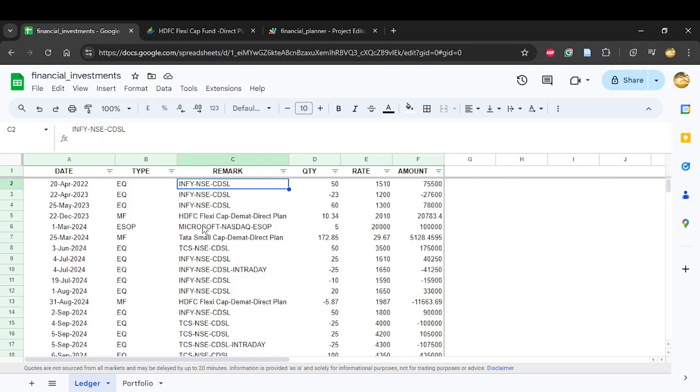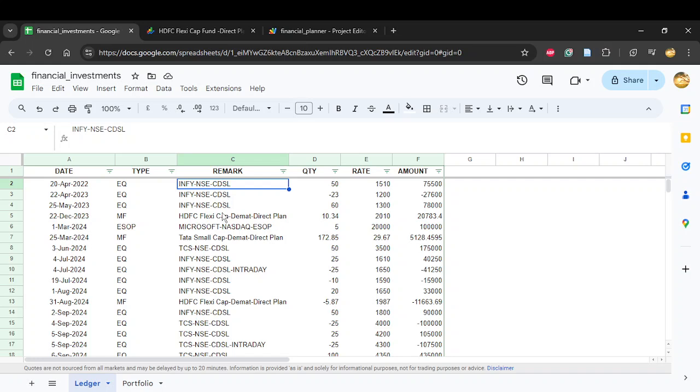Similarly, for the ESOP investment, I am mentioning the stock that I'm purchasing as well as the exchange where the stock is listed and the type of investment it is. So there is some level of customization that you can do with the details here, but I have personally gone for this kind of approach.